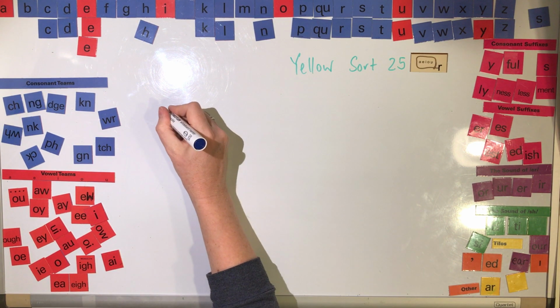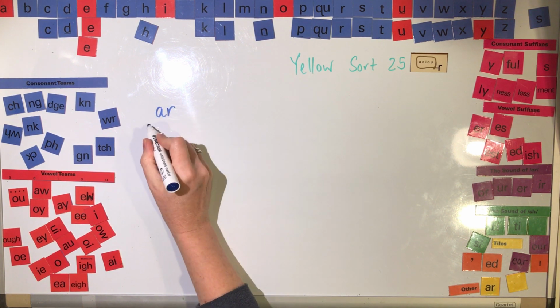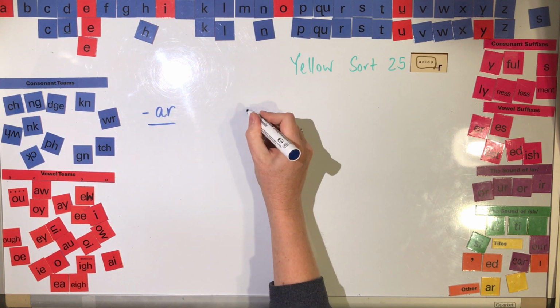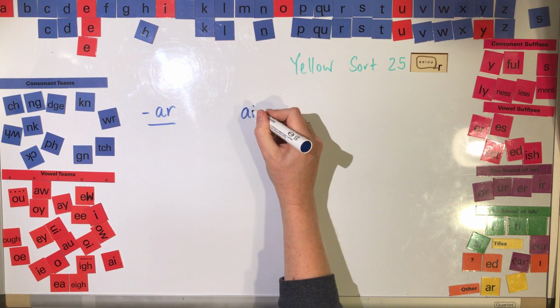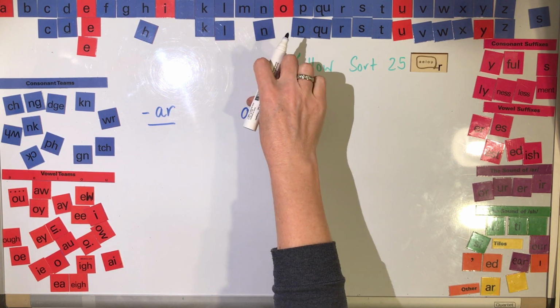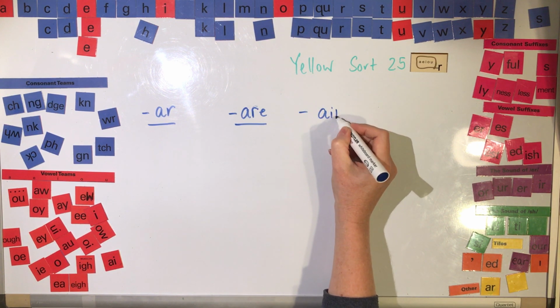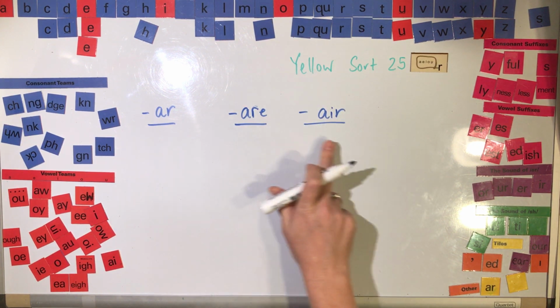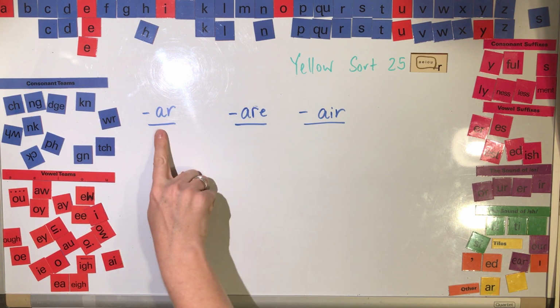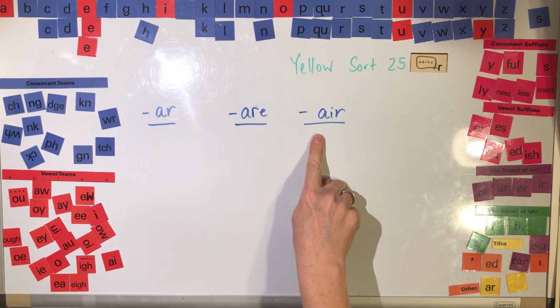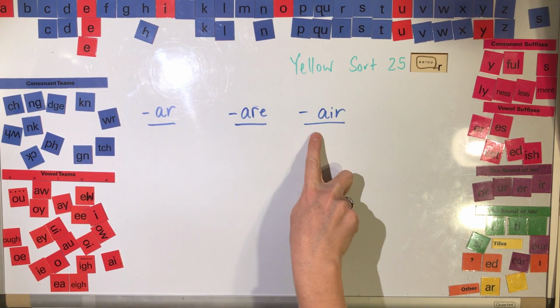So we've got our AR words, we've got our ARE words and our AIR words. So they're the three categories. So we've got AR, air. Two different ways to spell the air.